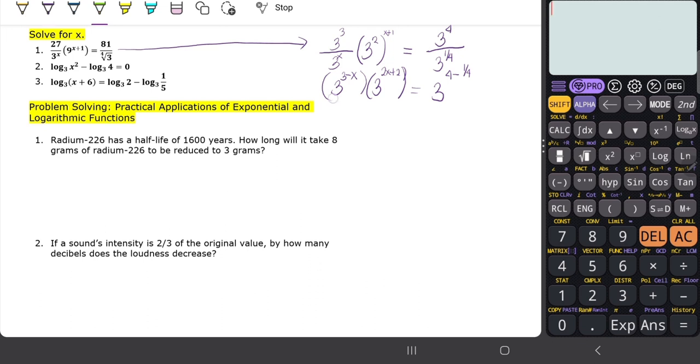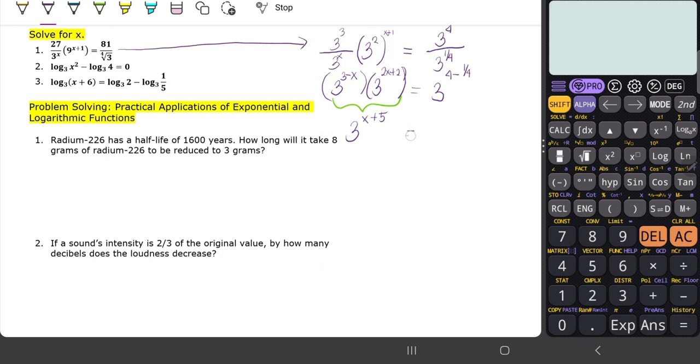Now, again, balik tayo sa left side. So, how to multiply two exponential terms with common bases? So, we add the exponents. So, this is 3 raised to 3 minus x plus 2x plus 2. So, simplifying that, we have x plus 5.